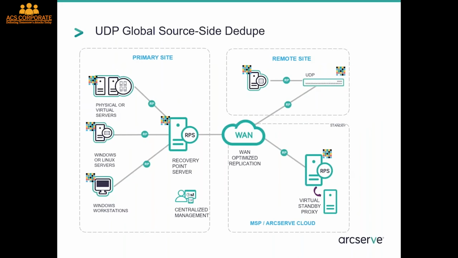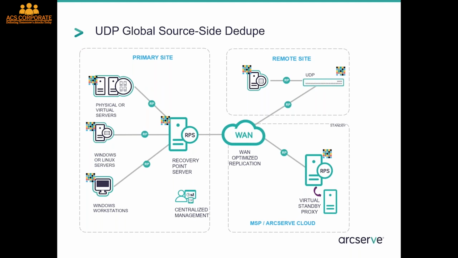Now, when you look at ArcServe UDP, UDP works in a similar way. We use source-side global dedupe. So if I'm backing up physical or virtual servers or workstations, the recovery point server, or RPS as it's seen in this diagram, is really where all the intelligence happens.